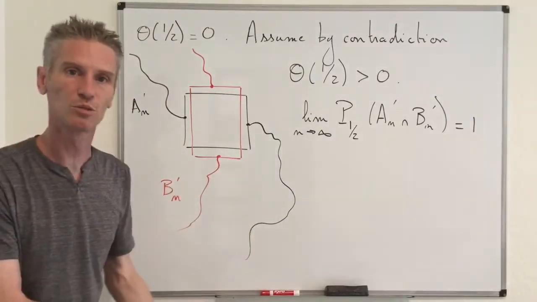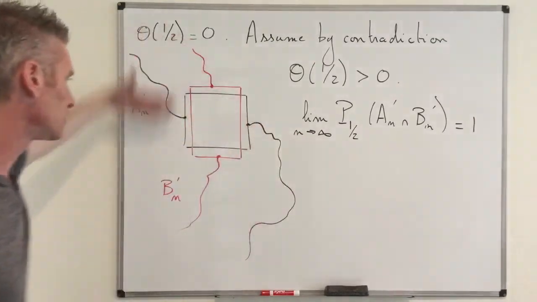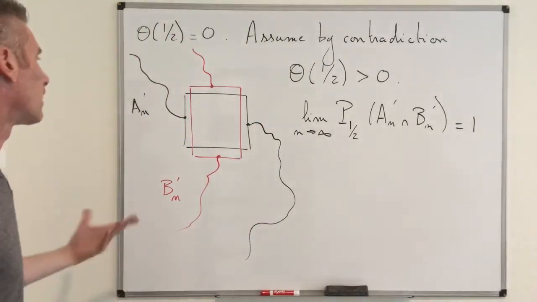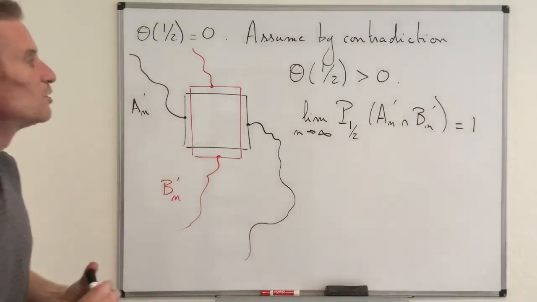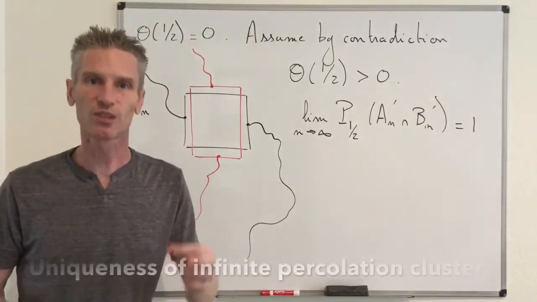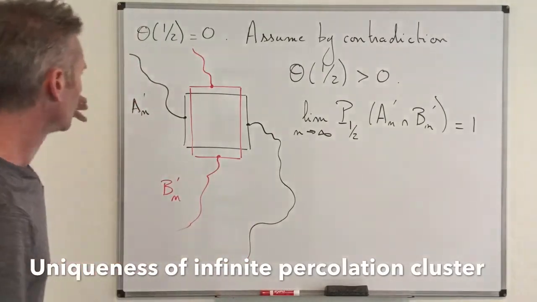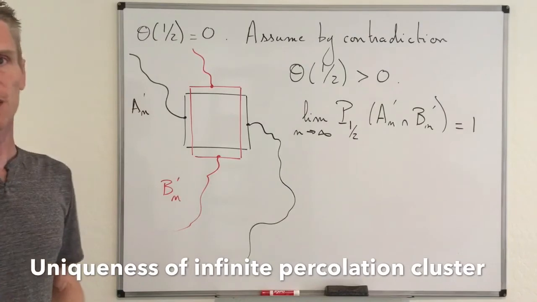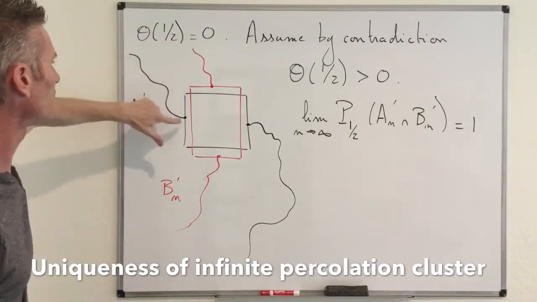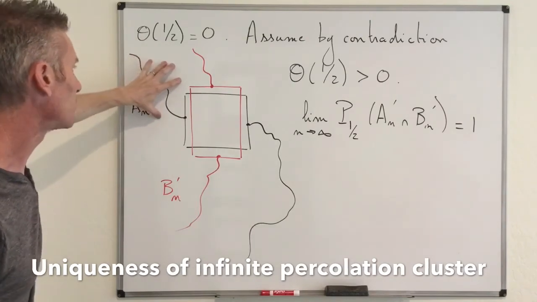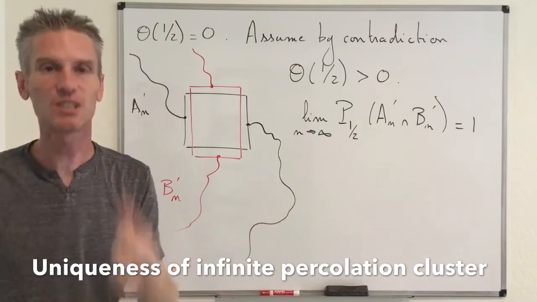So which means that this picture is possible. In the first step of the proof, you remember, I drew a picture that was impossible, but if we have that, this picture is possible. Now, that's where we are going to use existence and, most importantly, uniqueness of the infinite percolation cluster. Because of uniqueness, if you have an infinite black path here, this black path has to be part of the infinite percolation cluster, because there is only one.